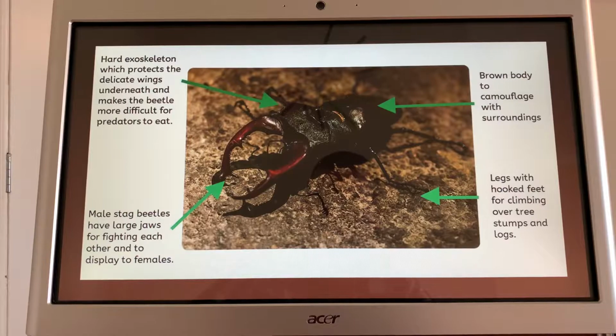Male stag beetles have large jaws for fighting each other and to display to females. Brown body to camouflage with surroundings. And legs with hooked feet for climbing over tree stumps and logs. So there we have 4 examples of amazing adaptations.